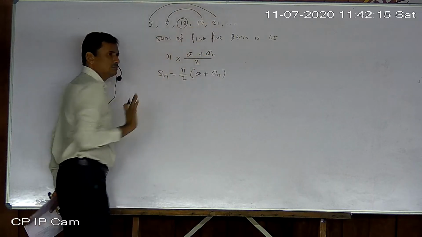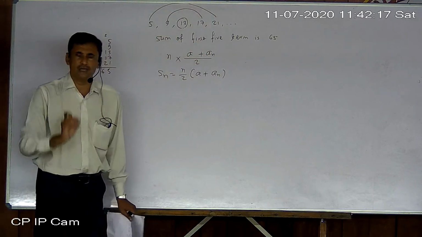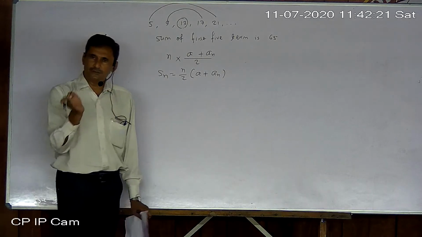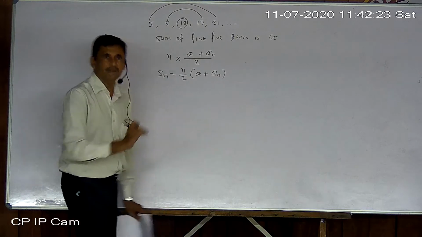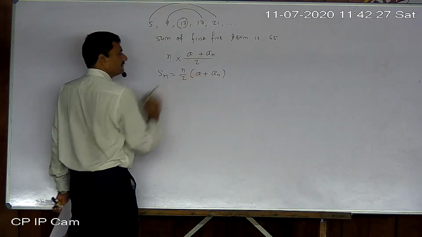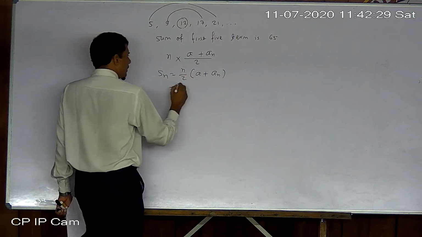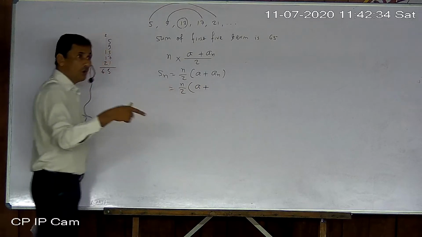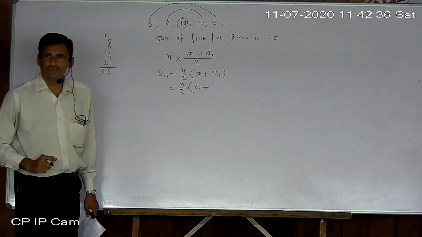Take any two terms. You can get the average in arithmetic progression. Either first and last, otherwise second and second last. Anyway, I have taken first and last. So this formula we got. And if I want to go ahead, then I can write here the formula we already used in 5.2.